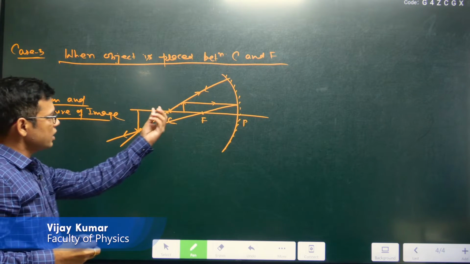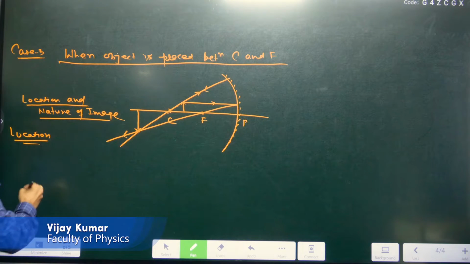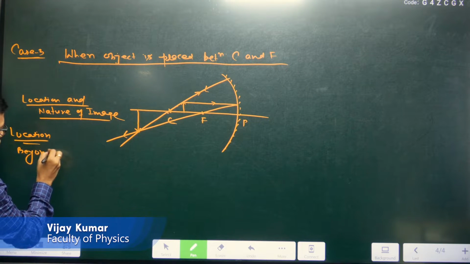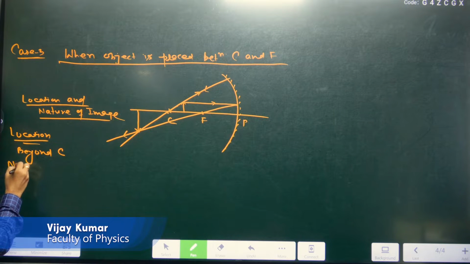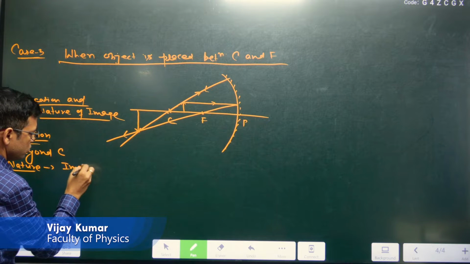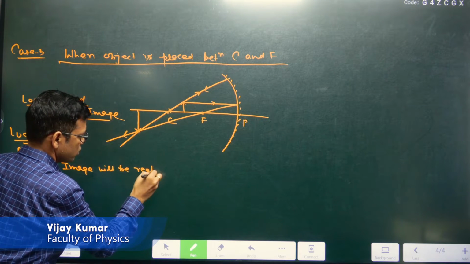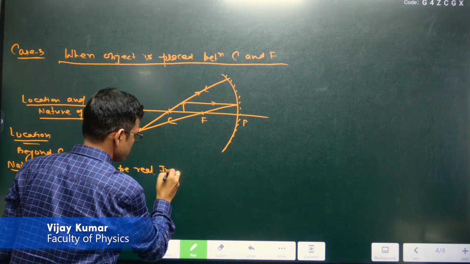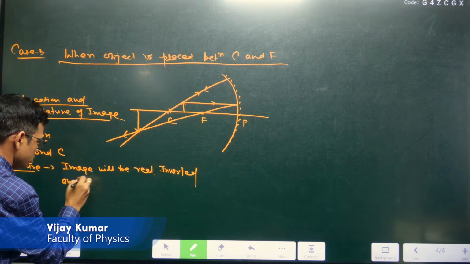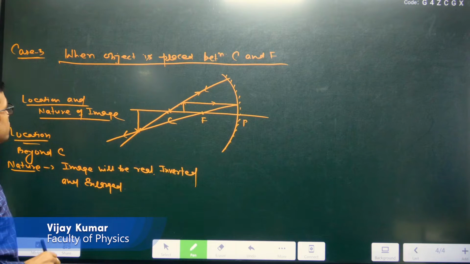Or we can say that the image forms beyond C. Nature of image: the image will be real, inverted and enlarged. So this is your case number 3.